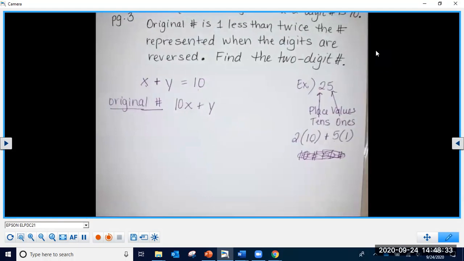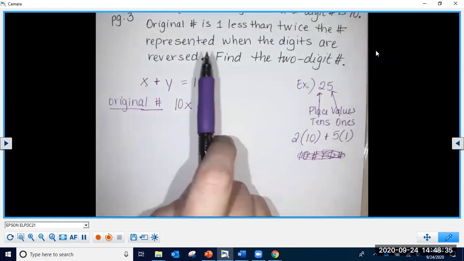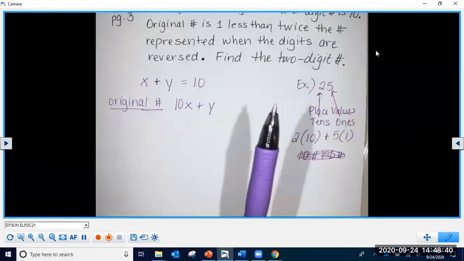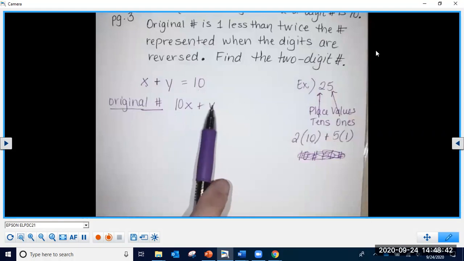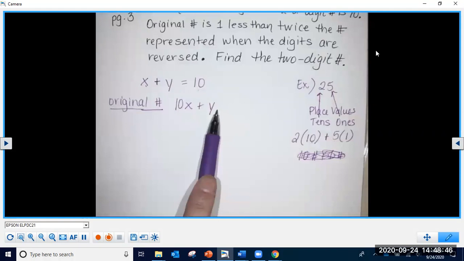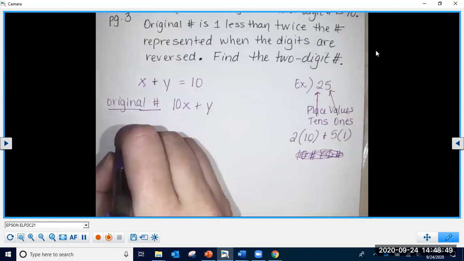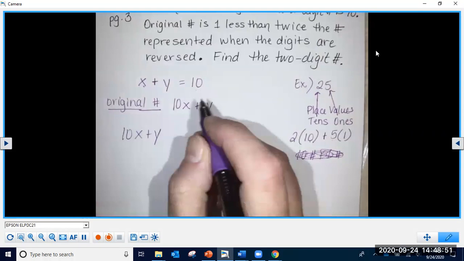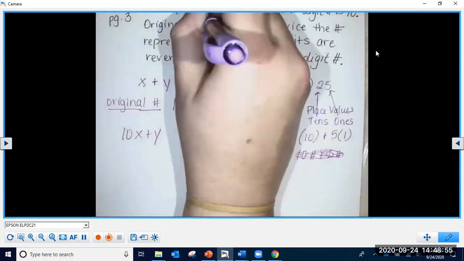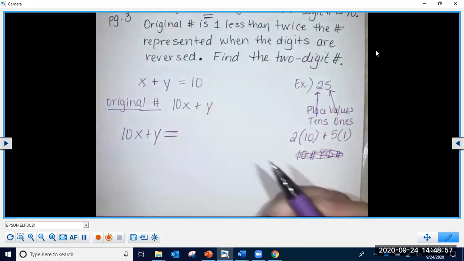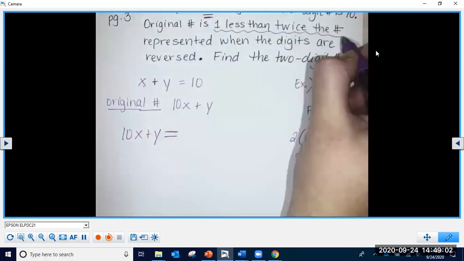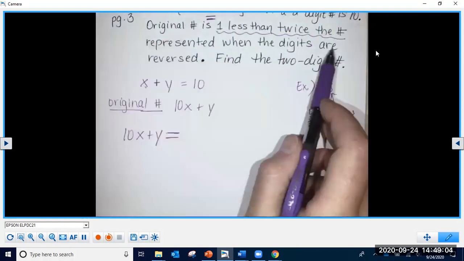Okay, now let's take the other information they give us and create a second equation. They tell us that my original number, which is represented by 10x plus y, is, which means equal in math, 1 less than twice the number represented when the digits are reversed.